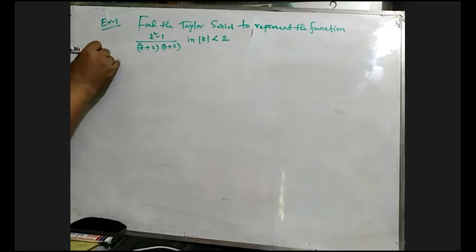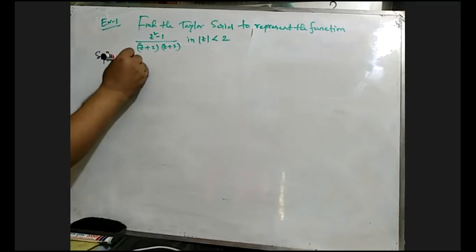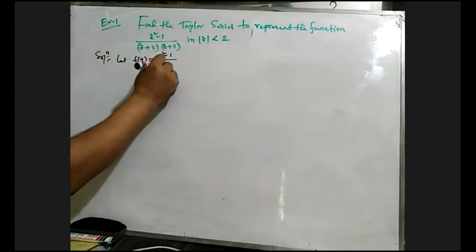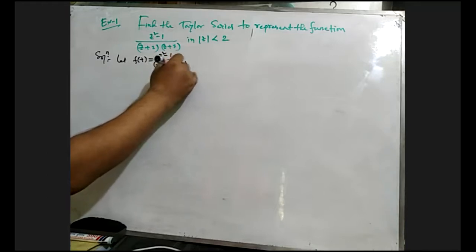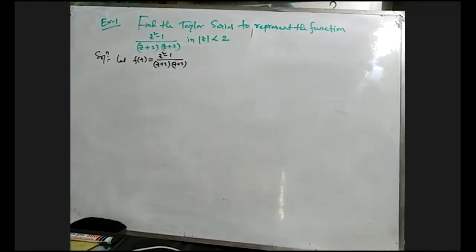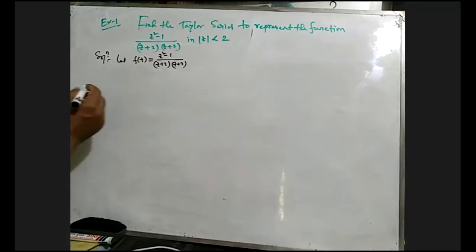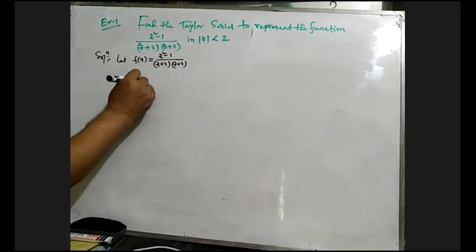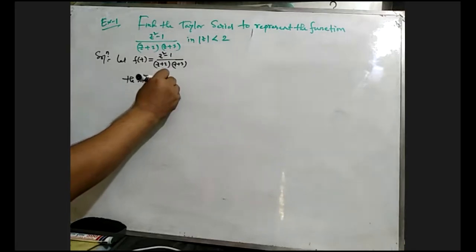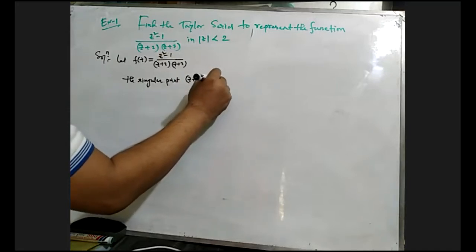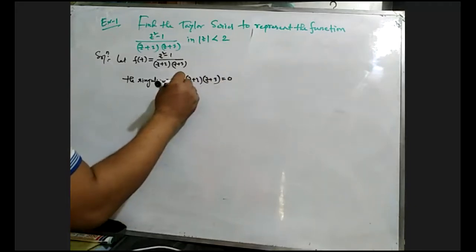So, first of all, the solution. Let f(z) equal (z squared minus 1) divided by (z plus 2)(z plus 3). This is the given function, and this is actually a rational function. Here are the two singular points. The singular points can be found from (z plus 2)(z plus 3) equals 0.